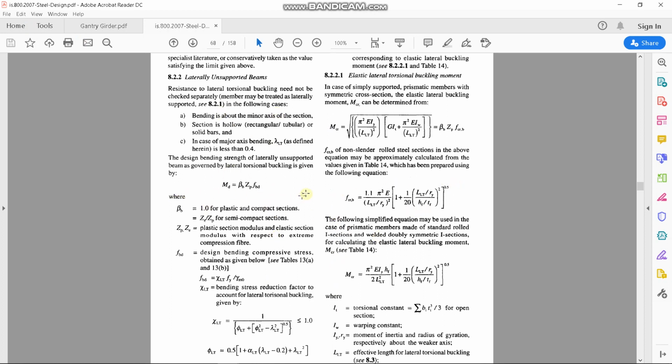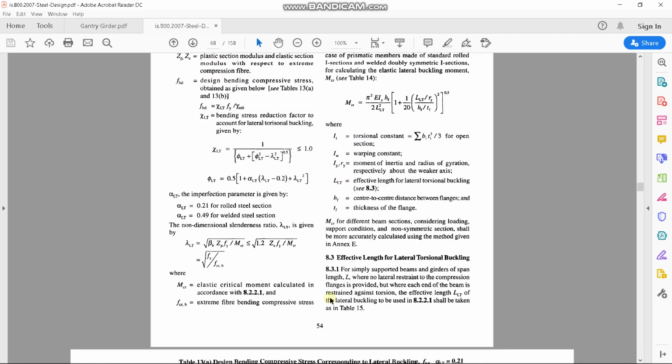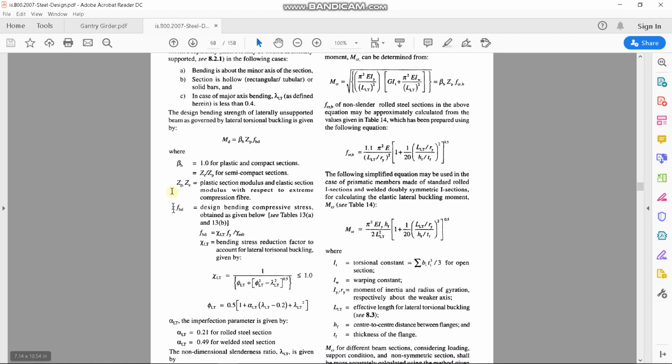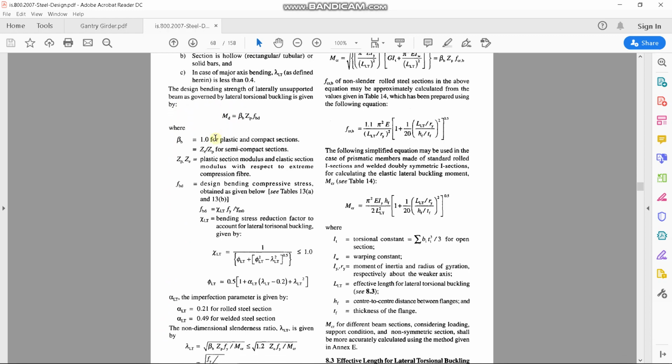This is your formula, and this is the step where you first calculate Mcr, and then from that lambda LT, and then using these steps you ultimately calculate Md. Due to the section being laterally unsupported, it may be possible that the section has some reduced moment capacity due to lateral torsional buckling conditions.